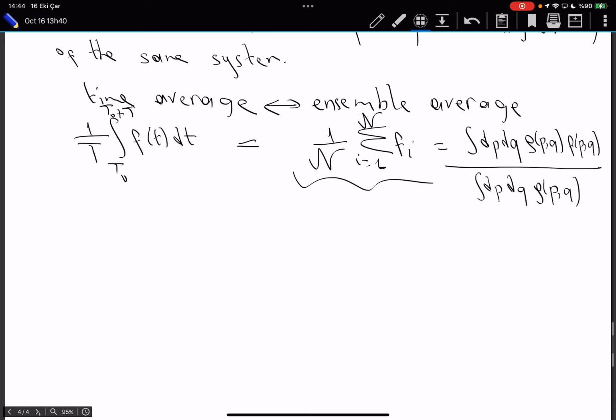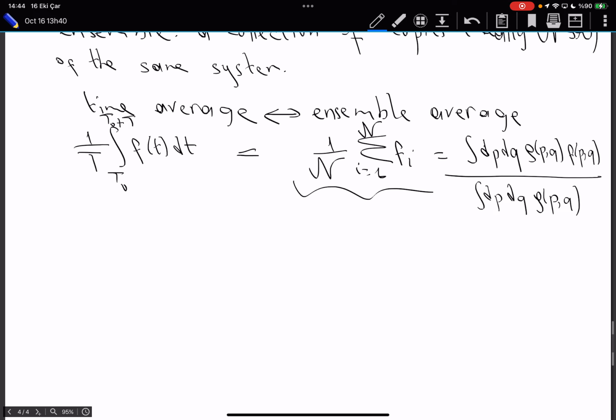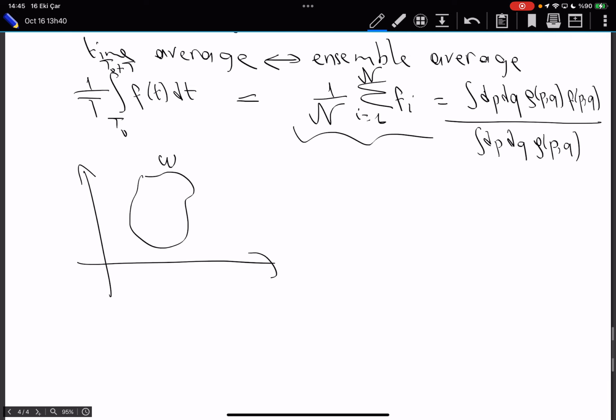Now, let me consider some volume in phase space. Let me call that volume omega. Well, there are this many points in that volume omega. I can ask the question, how does this number of points change with time?